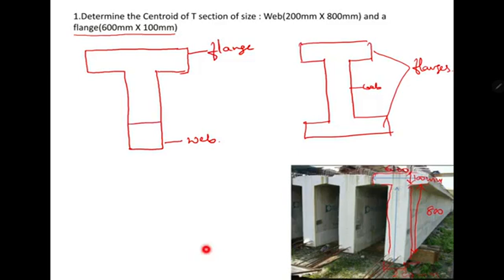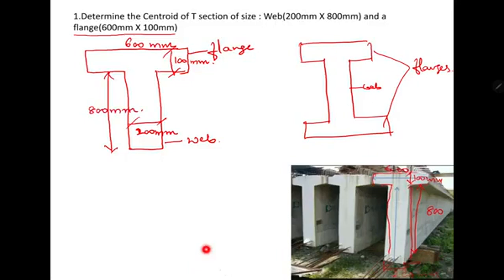The web width is 200 mm. The flange depth is 100 mm. The width of the flange is 600 mm. The total height of the web is 800 mm.